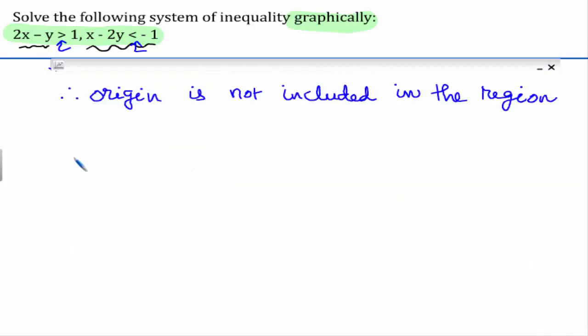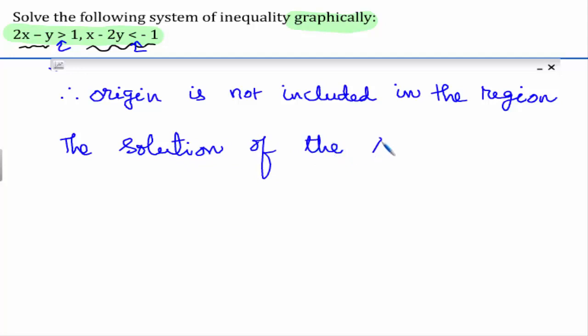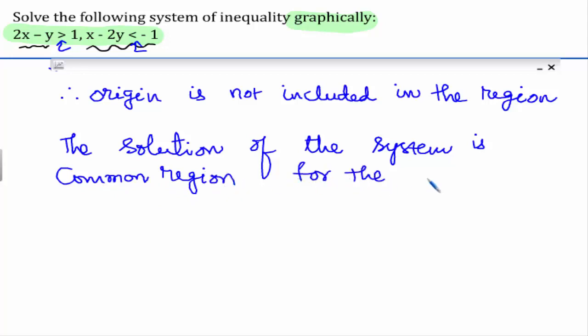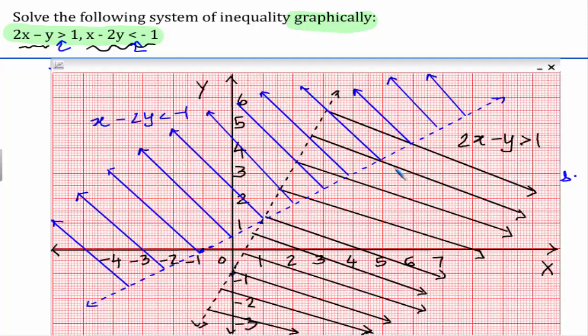So we will write that the solution of the system is the common region for the two graphs, which you can observe here. Both blue and black lines are there here.